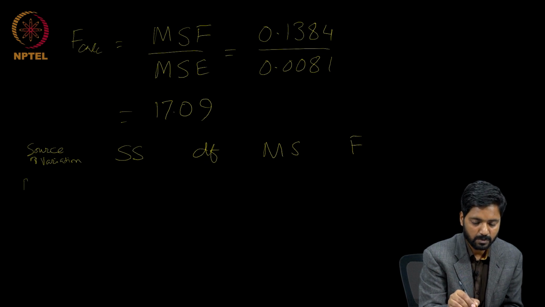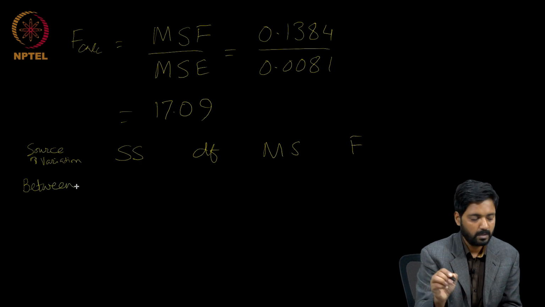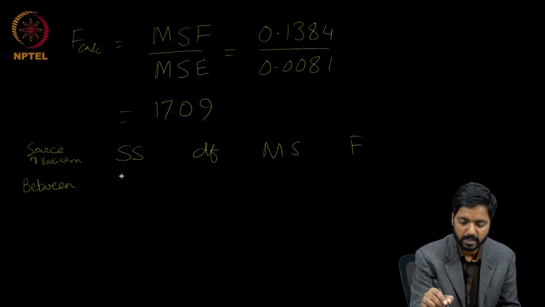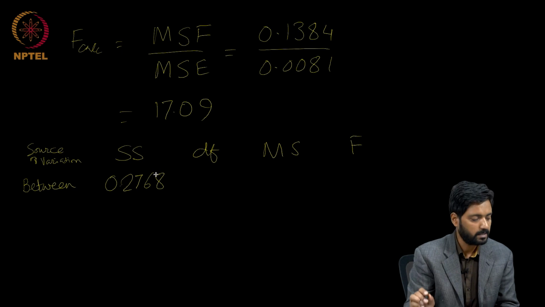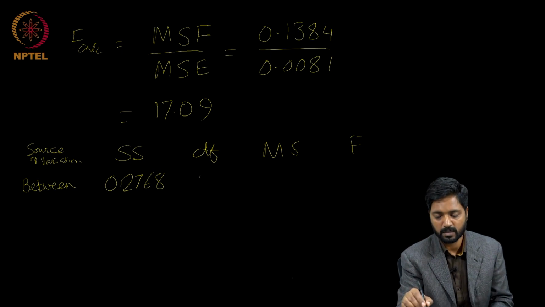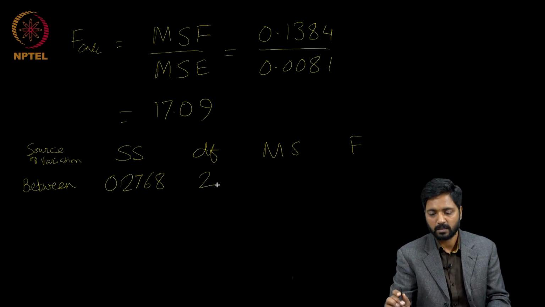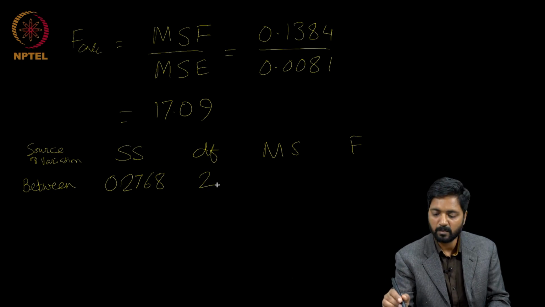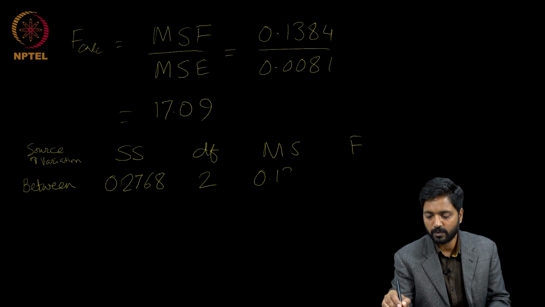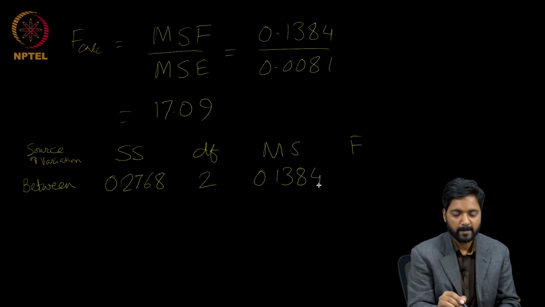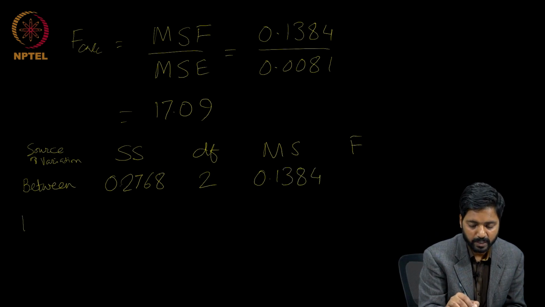When we say the source of variation is between the groups, we have the sum of squares due to factor, which is 0.2768. The degrees of freedom here are 2 because there are 3 different groups that are being compared. The mean square factor will be 0.1384.